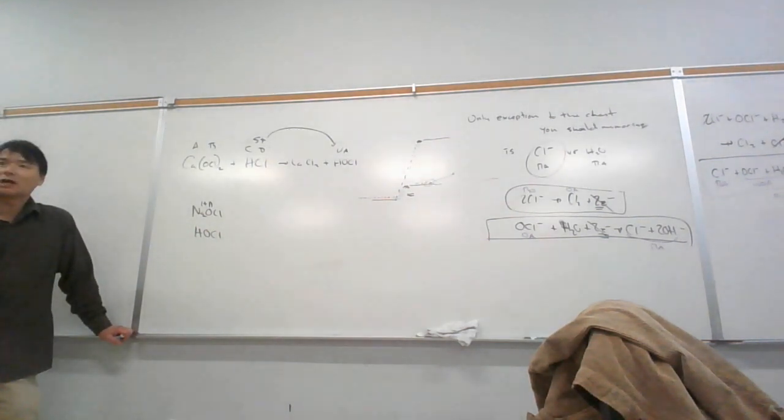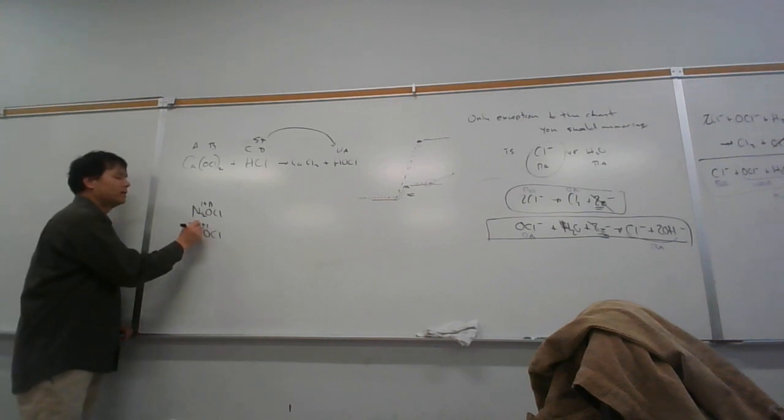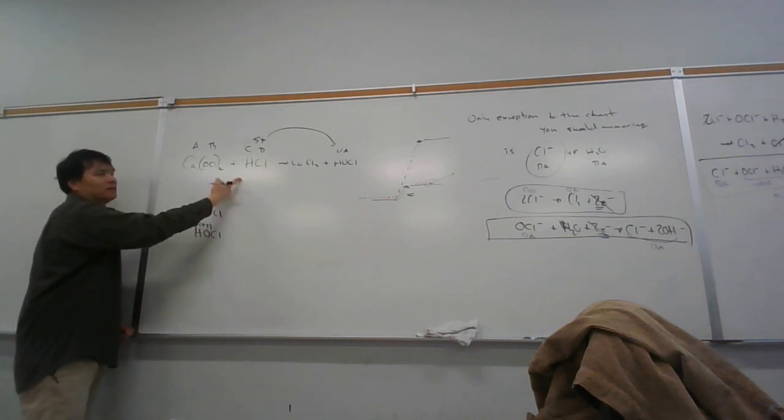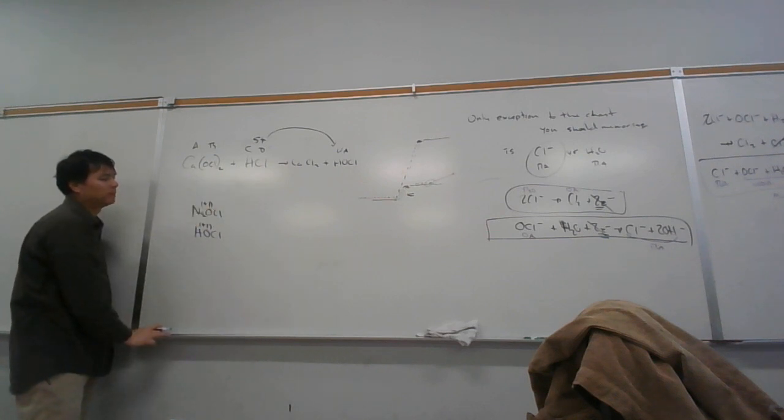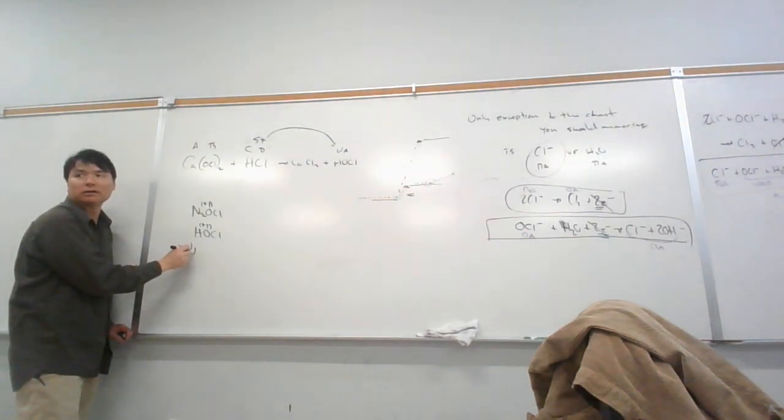Is that going to have bleaching action? Yeah. And so we could have this metathesis, aka acid base. Hypochlorite is a base. But we could also have the redox reaction occur. And so there are multiple reactions that occur in this.